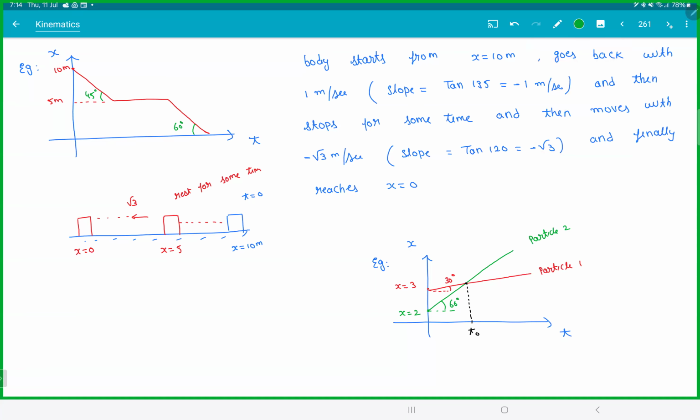We have two particles. One is starting from 2 and one is starting from 3. The green one is traveling with √3 meters per second, and the red one is traveling with 1 by √3 meter per second. And finally, both of them meet at time t0. Isn't that the meaning? See, both of them have the same x coordinate at t0. Means what? Both of them are at the same position, isn't it? Is that making sense?